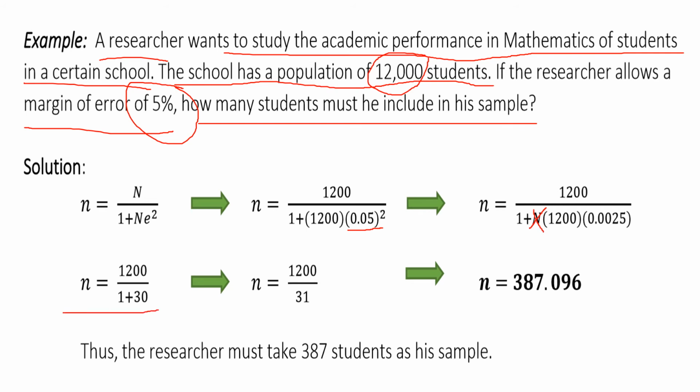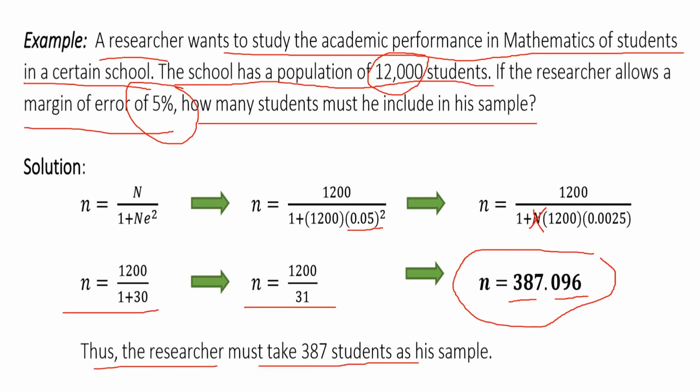Then your n now is equal to 12,000 over 1 plus 30. Then your n is equal to 12,000 over 31, and the resulting value now is 387.096. So thus the researcher must take 387 students as his sample.